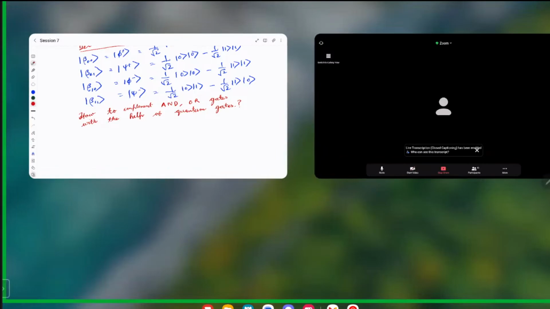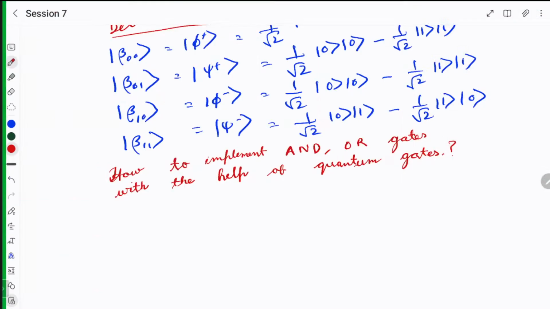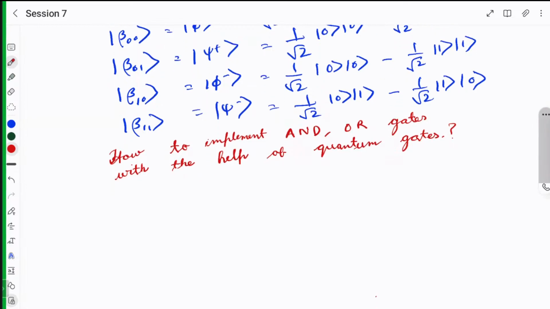Hello, am I audible? Okay, okay. Thanks, Soumik, for introducing the concept. Just a second here.